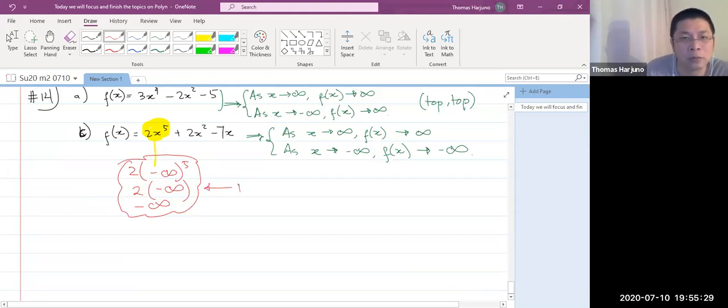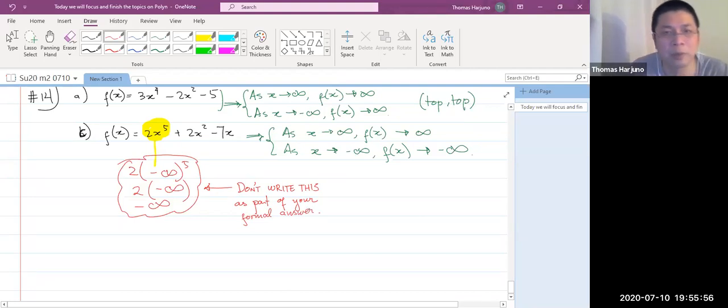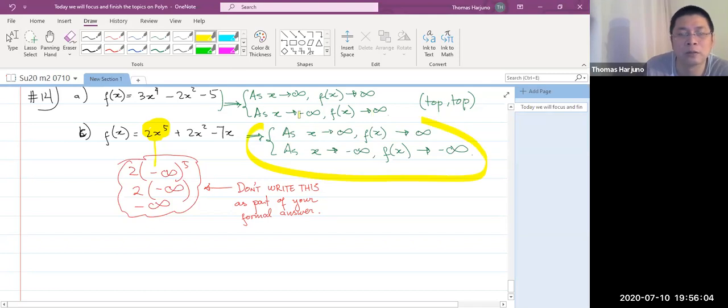Don't write this as part of your formal answer. You can write it on your scratch paper, but don't write it in your test. In your test, just give me this right away.